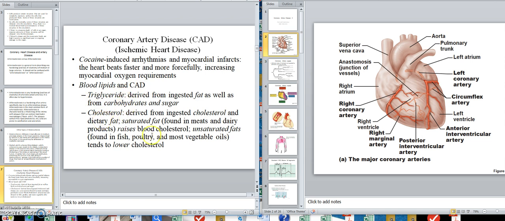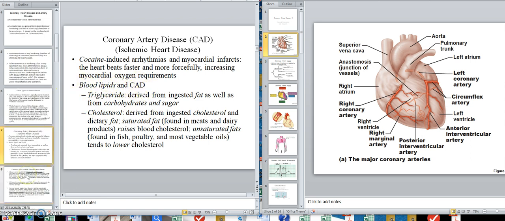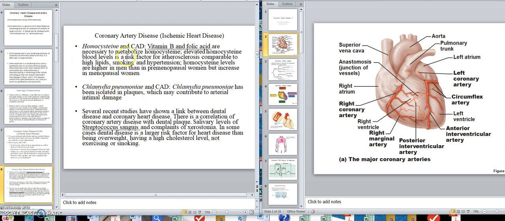Increased triglycerides, cholesterol. These are generally the main things that can cause this particular activity to occur. Okay. So we go further. Coronary artery disease, ischemic heart disease. These are other things that can cause that.